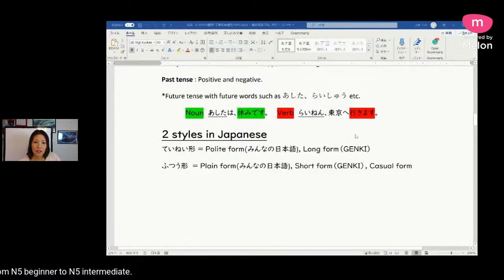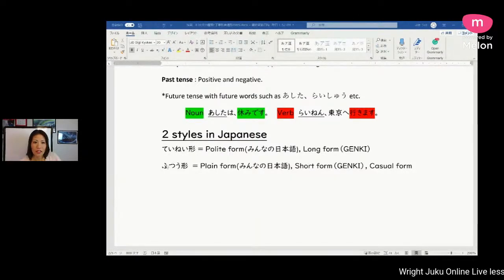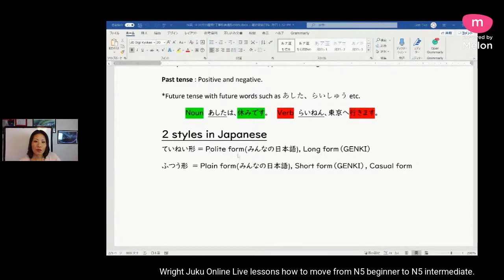The last one is that there are 2 speech styles in Japanese. One is called 丁寧形 and the other is called 普通形. If you are using みんなの日本語, 丁寧形 is called polite form.